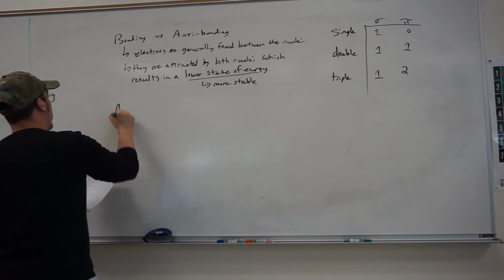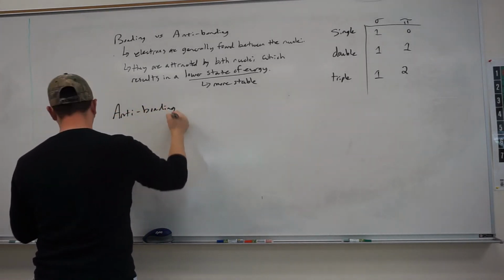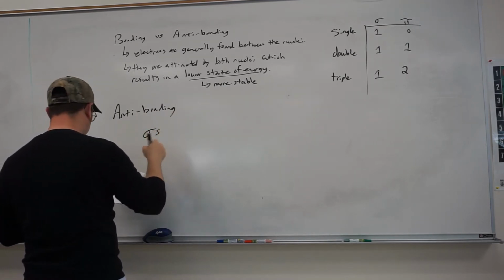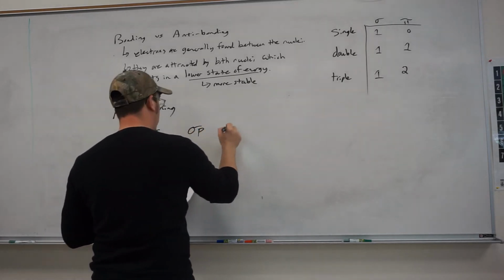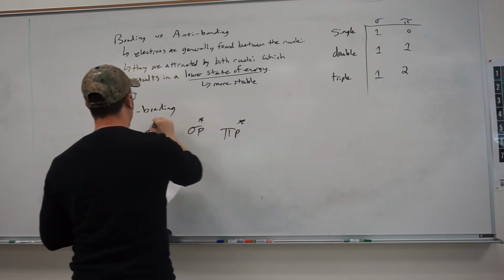Now, anti-bonding happens to be with your sigma S, and we'll explain this in just a few minutes here, sigma P and pi P. And all these have stars on top.